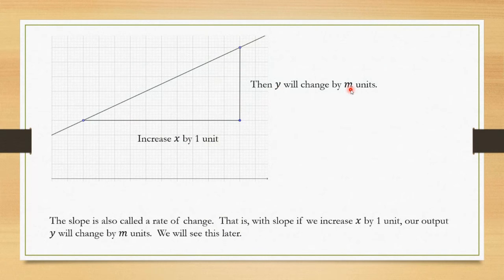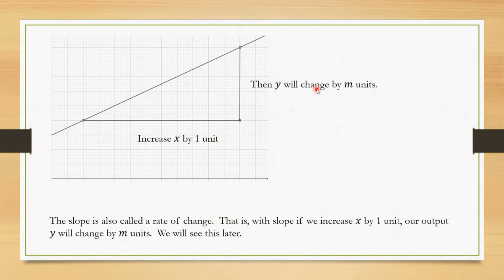Again, m is the slope. It may go up or down. That's what's going to happen. And again, we'll see this a little more later.